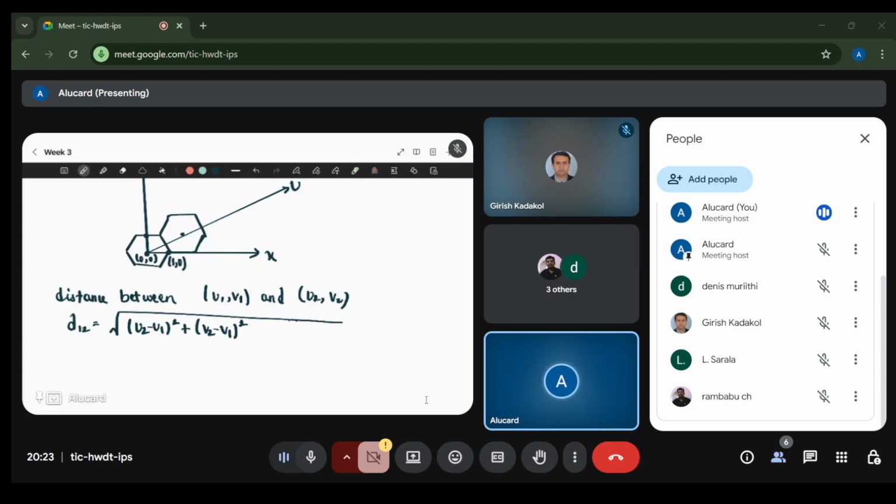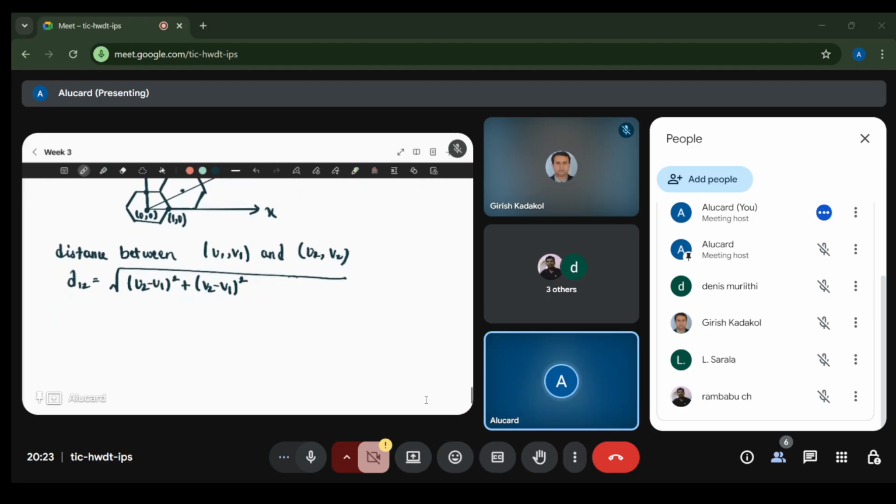So in the xy axis, that's all there would be: (x2 minus x1) whole square plus (y2 minus y1) whole square. But in the uv axis, you have an additional component (u2 minus u1) times (v2 minus v1). This is normalized. So the actual distance is without the normalization.